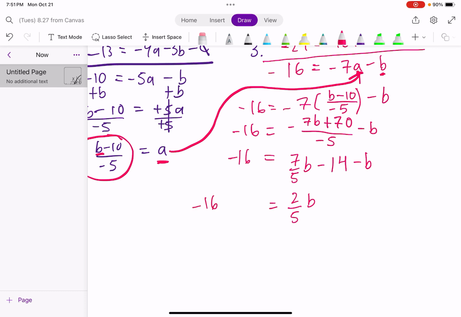And if we add 14 to both sides, that'd be negative 2 is equal to 2/5 b. But in order to get b by itself, I need to multiply by the opposite. I'm going to multiply by 5/2, right?